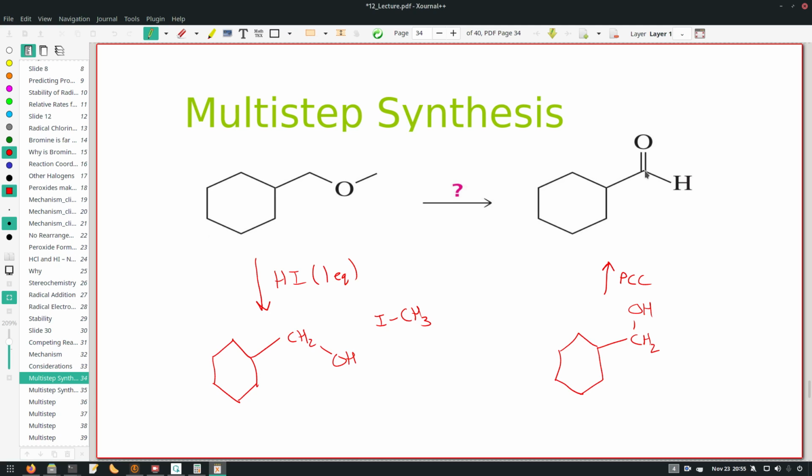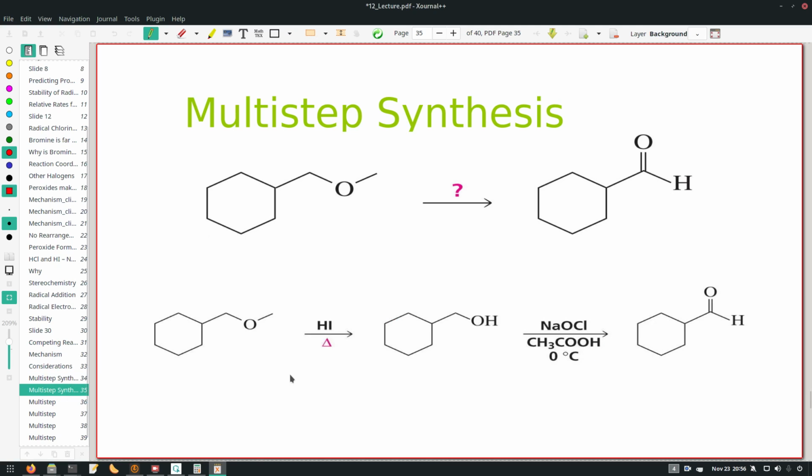Alright, and this next slide just has that written out in a little bit more detail. There we go. Got our HI, a little bit of heat, creating the alcohol. And instead of using PCC, our book was using NaOCl at 0 degrees. Does the same thing as the PCC does, but it's a little bit safer for the environment.